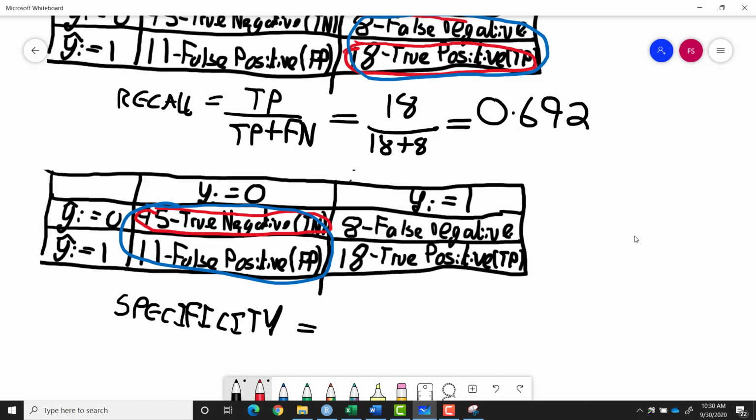In this case, it's the true negatives divided by the true negatives plus the false positives.